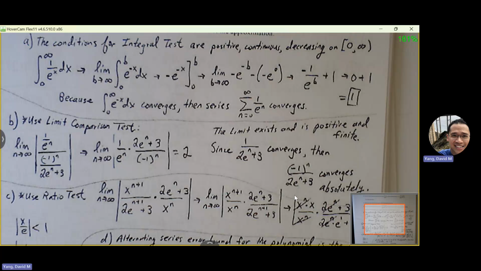Notes the 3 conditions for the integral test: positive, continuous, decreasing.